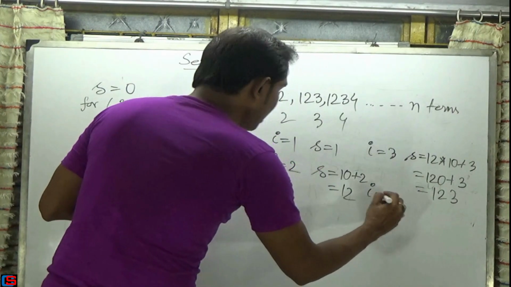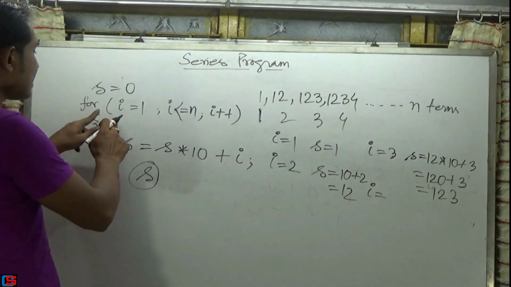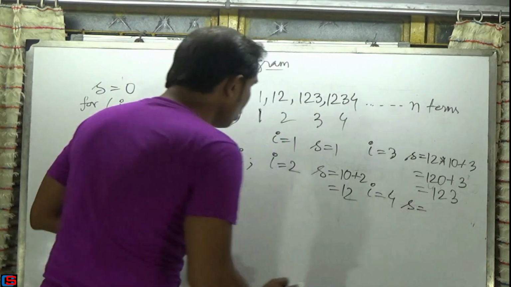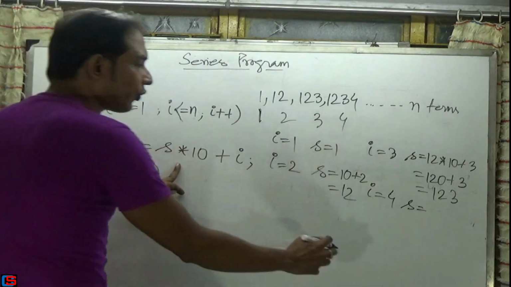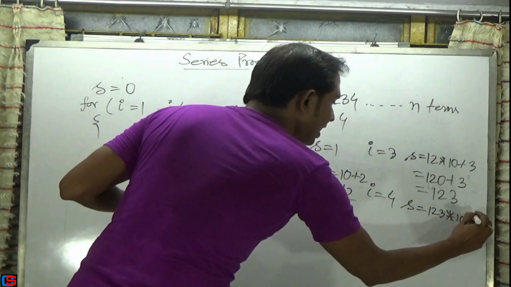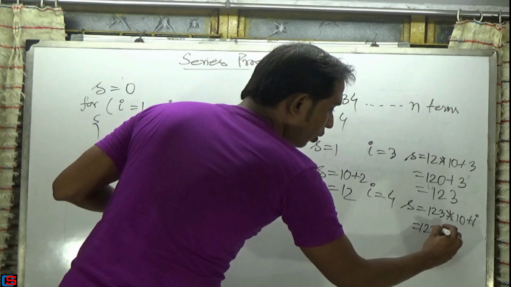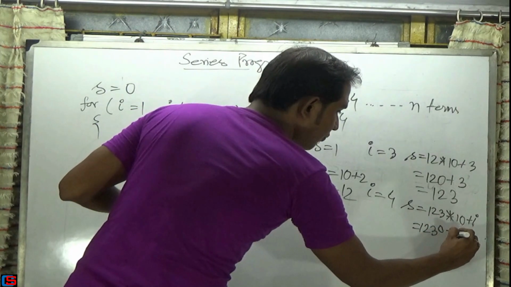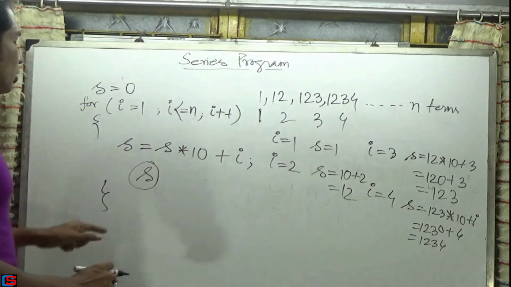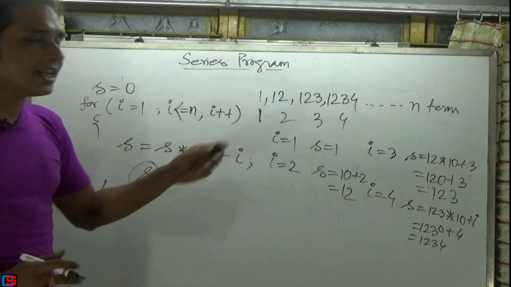So 123 is printed. After printing, i increases and becomes 4, and the last value of s is 123, so 123 multiplied by 10 is 1230, plus 4, so it becomes 1234. So the value 1234 is printed here. This series program is basically done in this way.